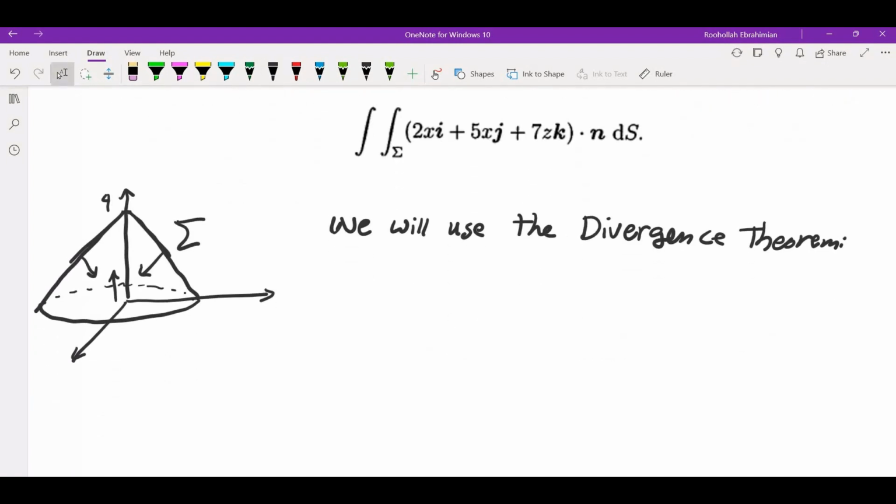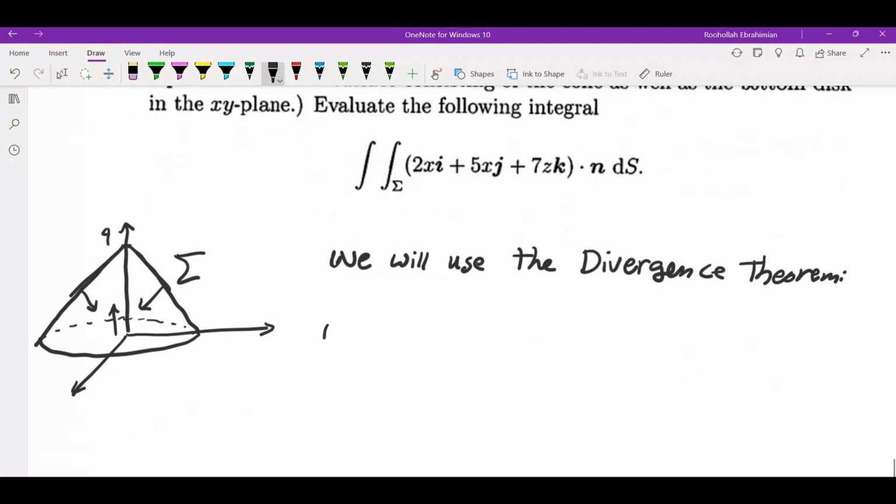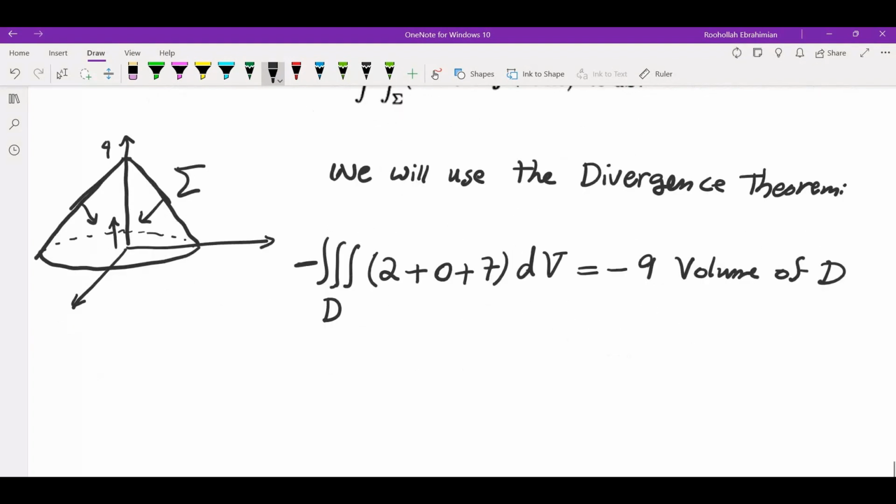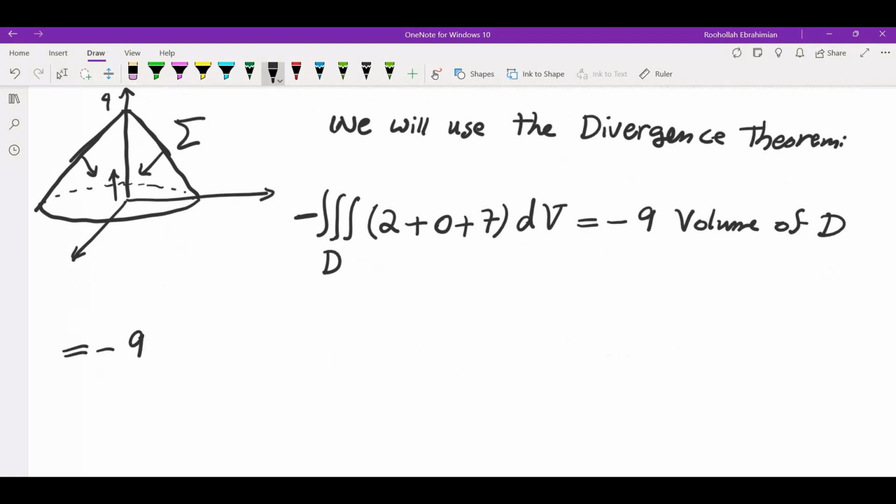So we get triple integral over D, and because the orientation is inward, it would be minus, and then we'll have to take the divergence of this. What is the divergence? It's 2 plus 0 plus 7 dV, and this is negative 9 times volume of D. Okay, so what is volume of D?